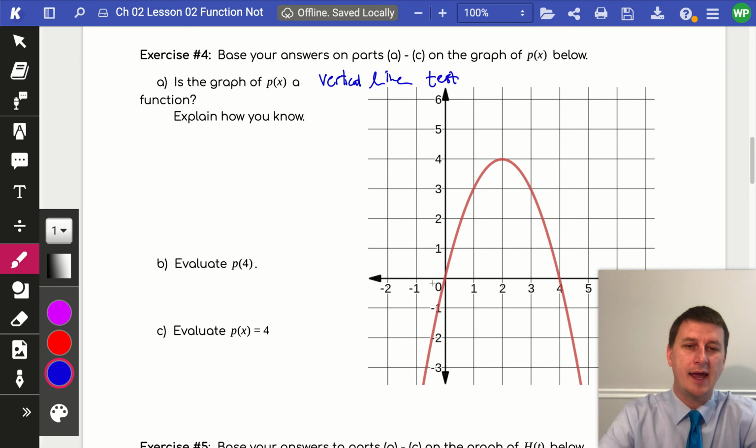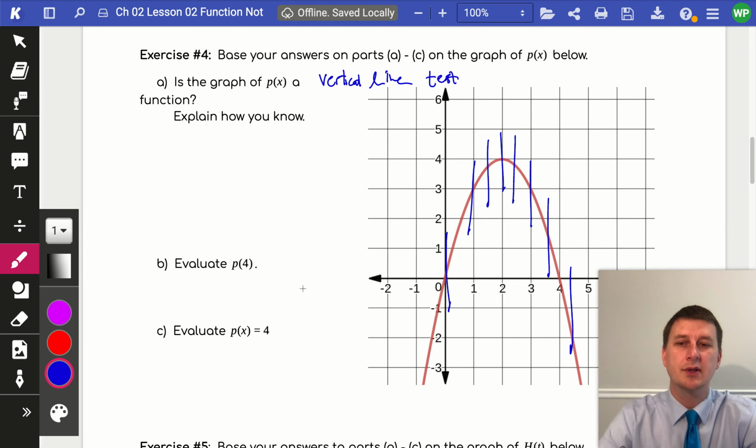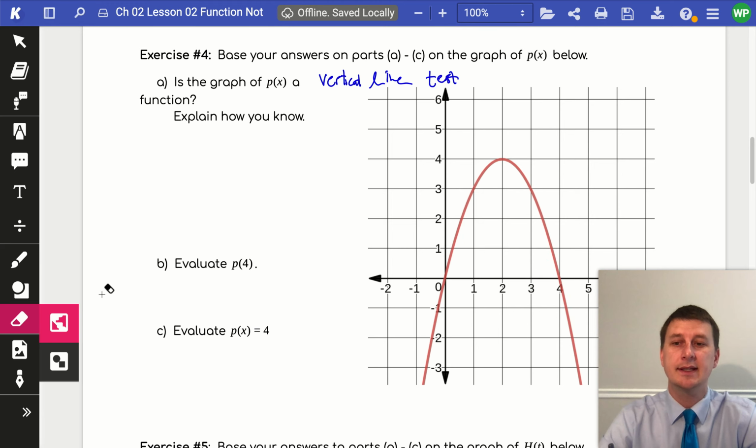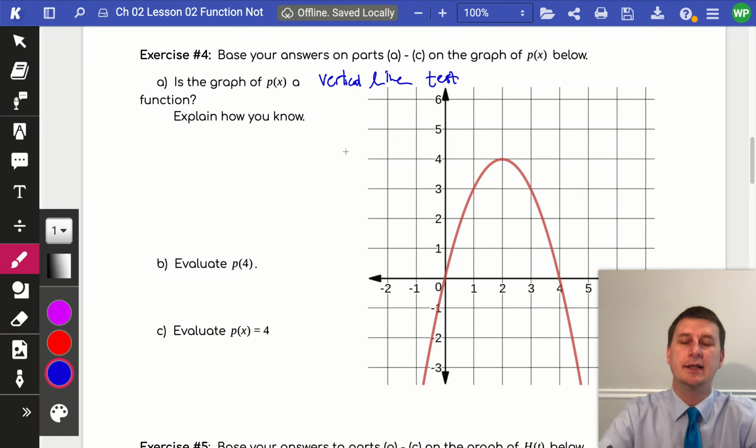So at any point on this graph, am I able to draw a vertical line that will cross the graph in two different places? And the answer is no. So because I'm not able to draw a line that crosses this graph in two different places, this is a function. It passes the vertical line test. And that's a perfect explanation right there.